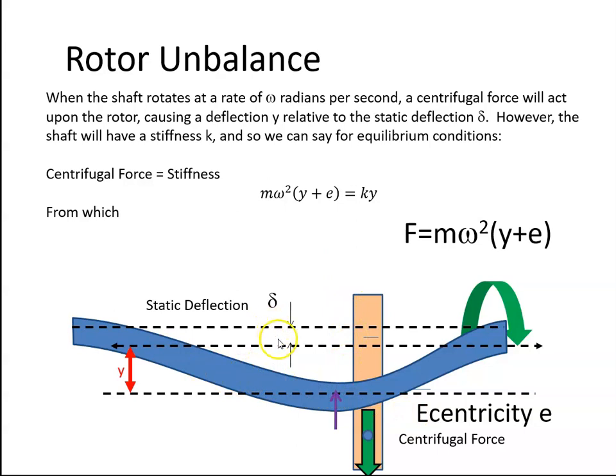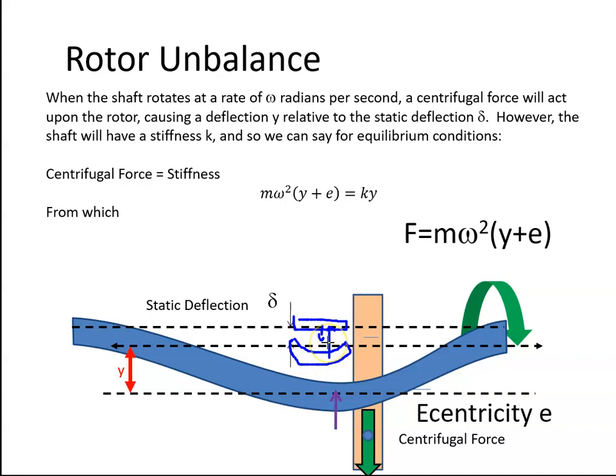Then, if we had the shaft, it's acting a bit like a spring, and maybe just consider, shaft here, we apply a weight to it and it deflects down to here. When we take that weight off of it, it'll spring back up into this position.